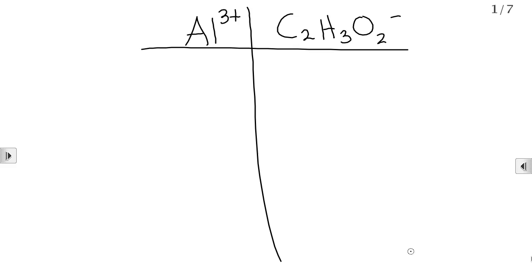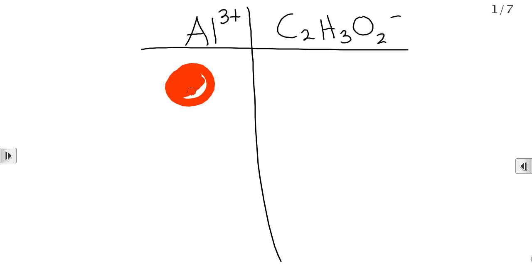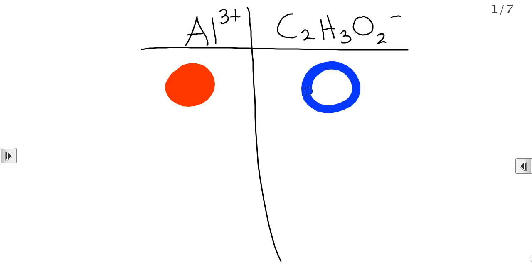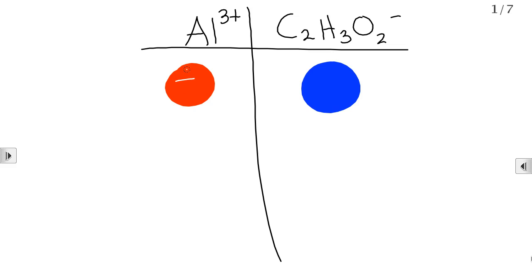All right, so let's get some ions drawn up here. I'm practicing. Y'all are my test group. So each aluminum is 3 plus, and each acetate is 1 minus.